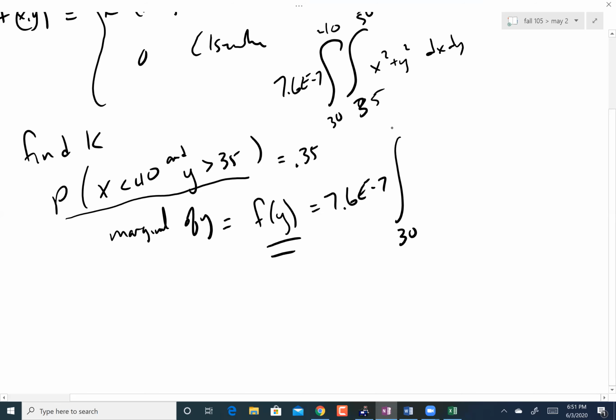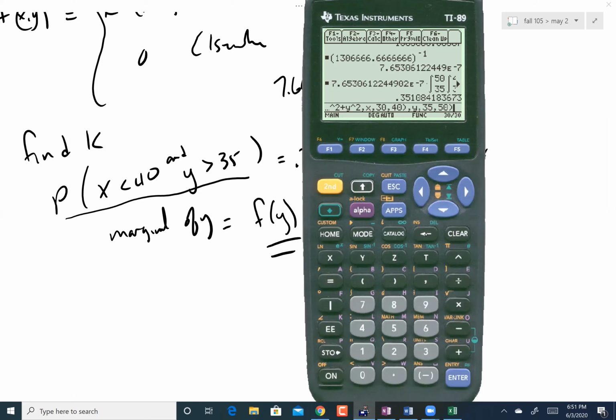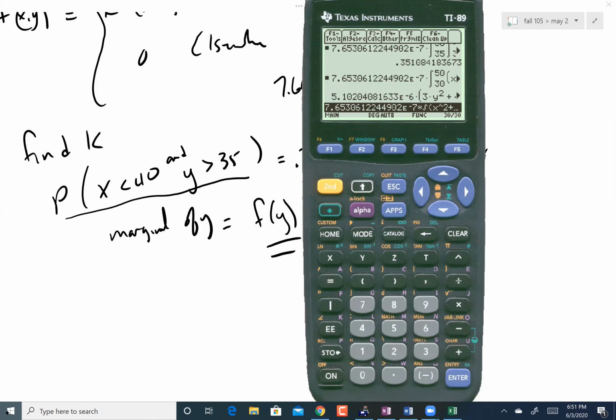I'm going to integrate across the entire spectrum of the x's, dx, and when I'm done, I'm going to have a function of y, and that's all I'm going to have left. Let's get rid of this, 30 to 50. Get rid of that extra integral in there.